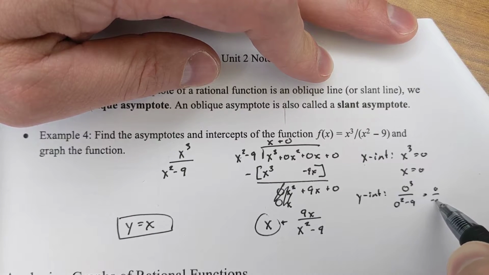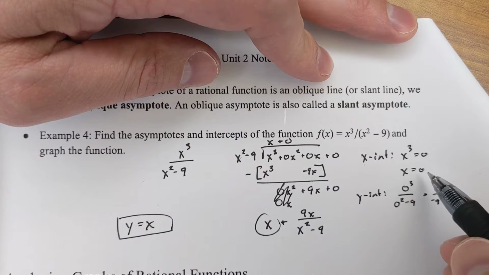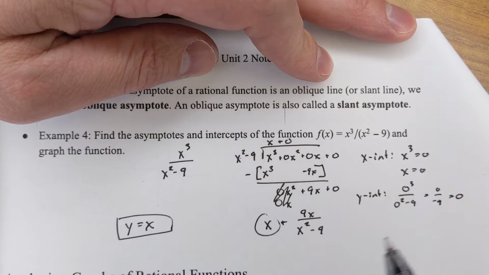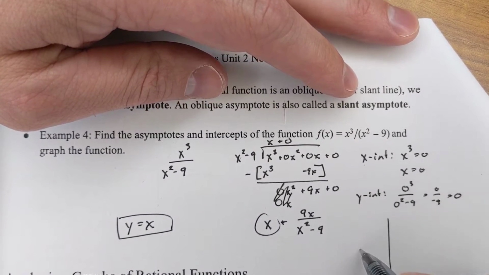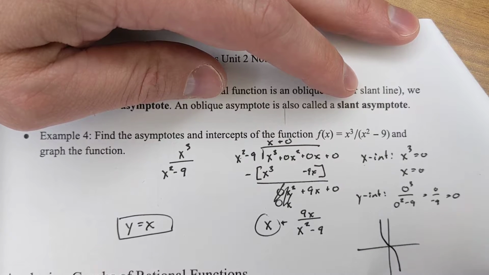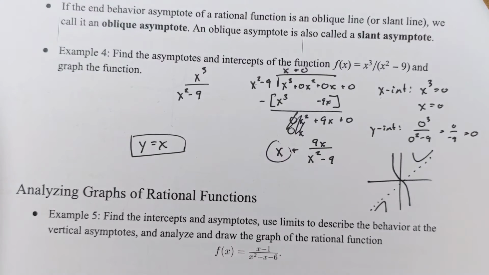Well, that's 0 over negative 9, which is 0. If you look at the graph, it crosses the origin at 0, 0. So we found the intercepts and graphed the function. Real roughly, it does something like this. And then remember, that was our y equals x imaginary asymptote line.